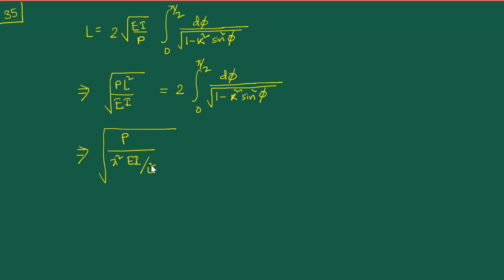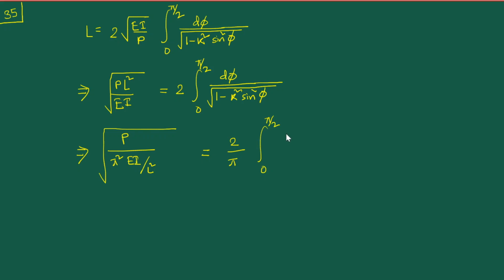This pi square EI by L square is the Euler buckling load. Because I have introduced the 1 by square root of pi square here, I will have to compensate by writing this pi on the right hand side also.